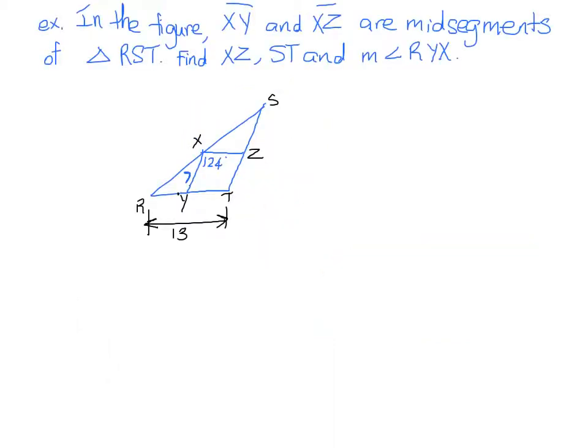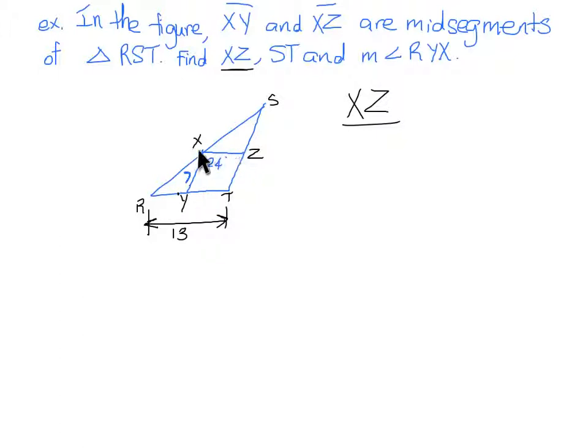Okay, so here we have an example where we get to practice our knowledge of midsegments. We know, according to the question, that XY is a midsegment and so is XZ. Let's start by finding the first thing they ask for, which is XZ. You may recall that the midsegment, XZ in this case, is always going to be half the length of the side that it's parallel to.